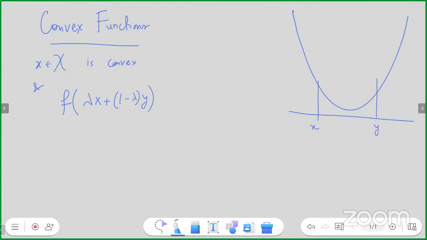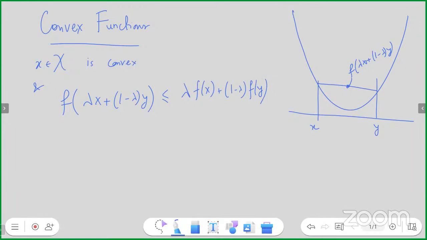Let's say this is x, this is y, this is the function. So this is the valuation of f of lambda x plus (1 minus lambda) y. And that lies below or above? Below. Trust me, it's not always easy to remember the direction of the inequality. It's much easier to always have this picture in mind.